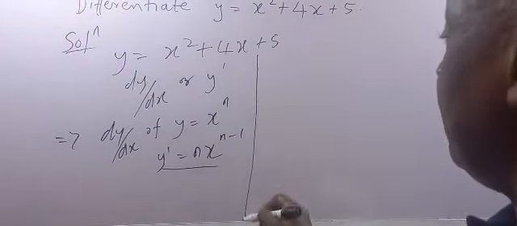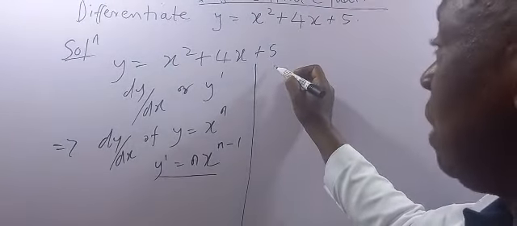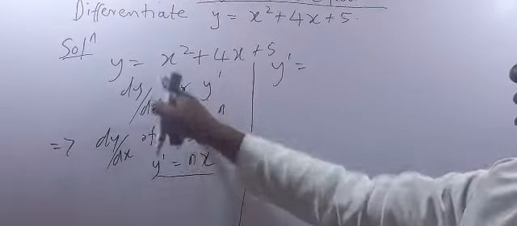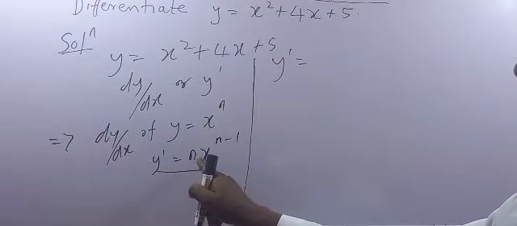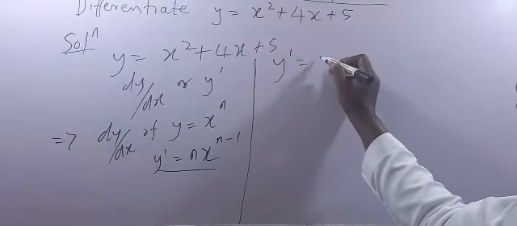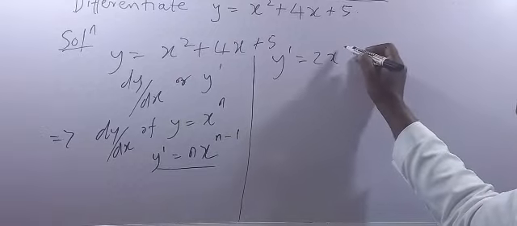So if we apply this rule to this, we now have y to power 1 is equal to, now if I apply this rule to this x squared, it will become 2x to power 2.